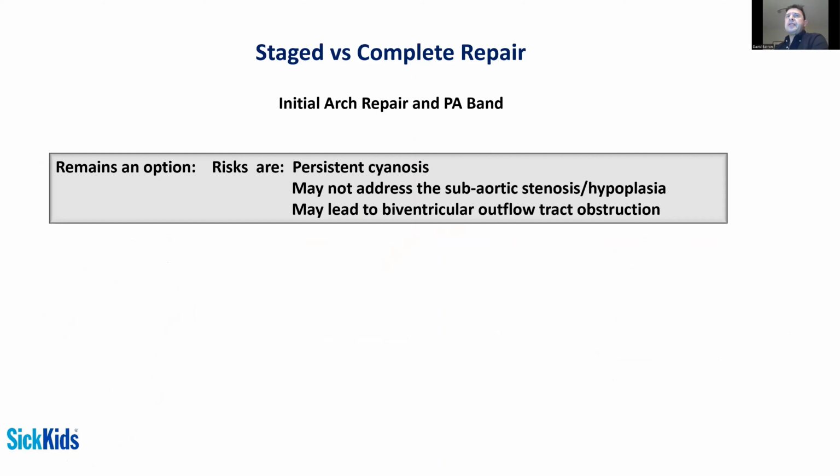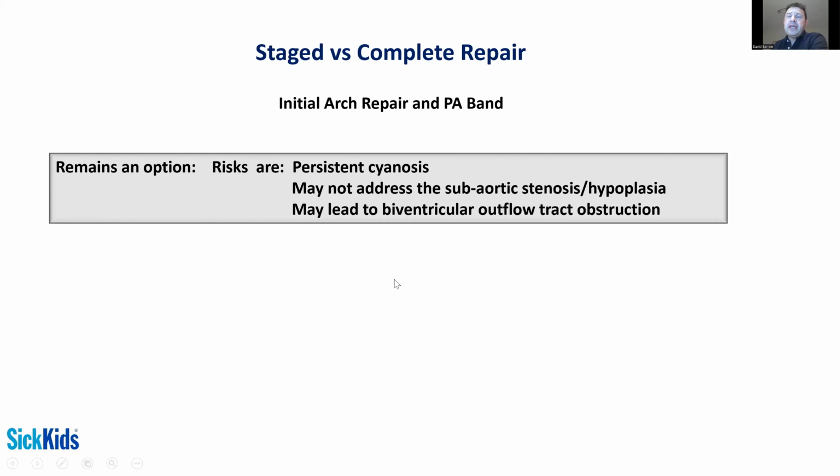So I think the question that's often asked in terms of managing Taussig-Bing with arch obstruction is, should you do this as a single staged all-in-one repair, or should you do it as a staged approach? Because doing an arterial switch, the VSD closure, which of course is not a simple VSD closure, requires a bit of time and thought to commit that VSD through to the pulmonary artery, and you've got to do a switch, and you've got to do an arch repair.